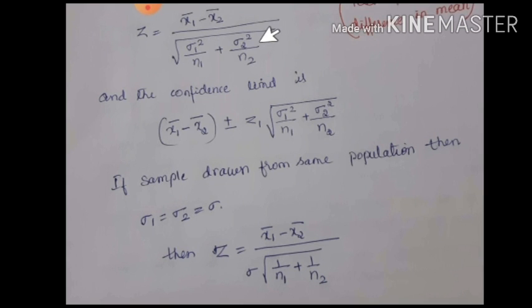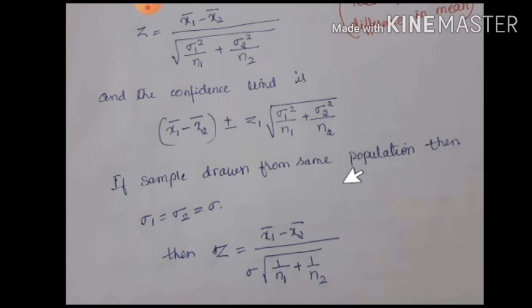In the denominator, the standard deviation of the population remains the same. Hence, that is nothing but only sigma square, which is taken outside the square root and written as sigma. And n1 is the size of the first sample, n2 is the size of the second sample. Only the difference is here, both samples are drawn from the same population.